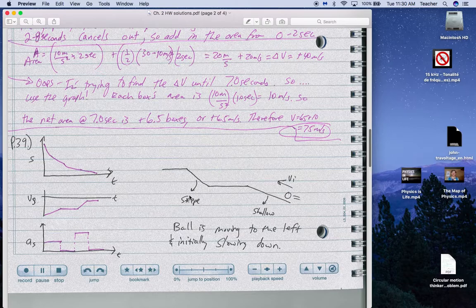39 we talked about in class. It's got a negative velocity. I think it has to be moving to the left. Positive acceleration. In this particular case, oh, that's interesting. I think I might have screwed that up. Nah, positive acceleration.